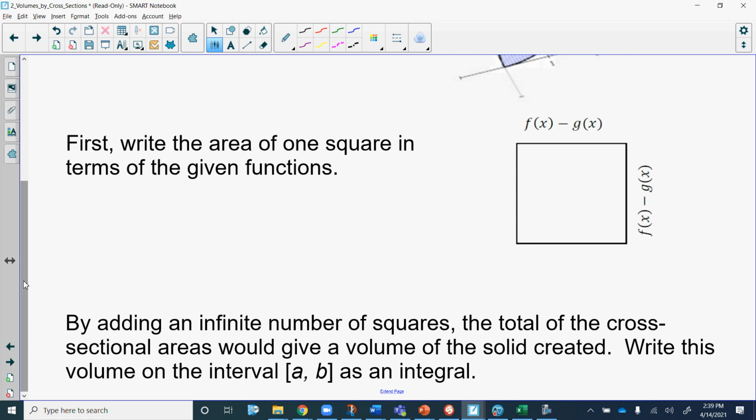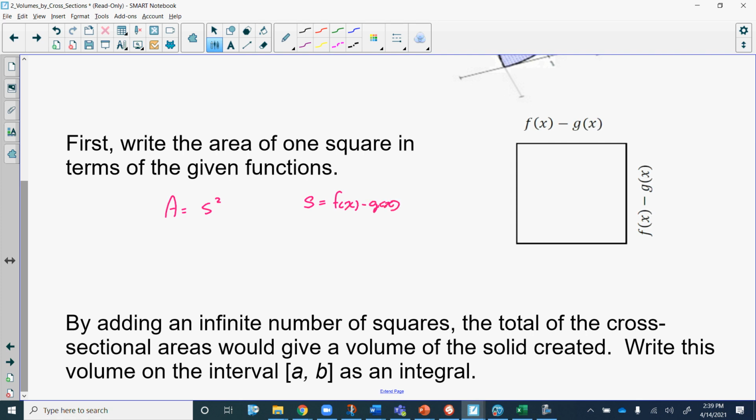So in this case, let's just say, first of all, we're going to write the area of one square in terms of the given functions, where we're going to have f of x minus g of x. Well, remember that the area of a square, of course, is side squared. And in this case, the side is given to you to be f of x minus g of x.